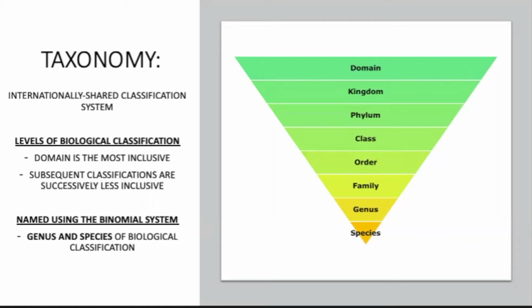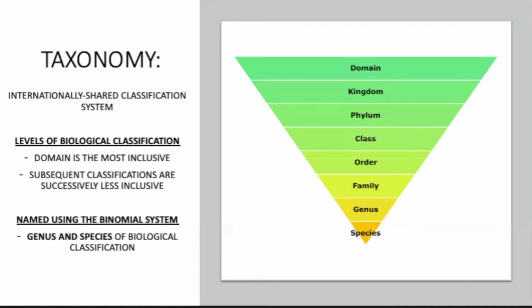I'm sorry, most inclusive, totally fumbled on my words. So domain is going to be the most inclusive. It's going to contain the largest amount of different species and organisms that will fit into it. If we panel down to the kingdom, it's going to be less inclusive as we work down the line. It's going to get more and more particular, and the further down we get, it's going to work its way down to being very specific and get down to the species level itself.